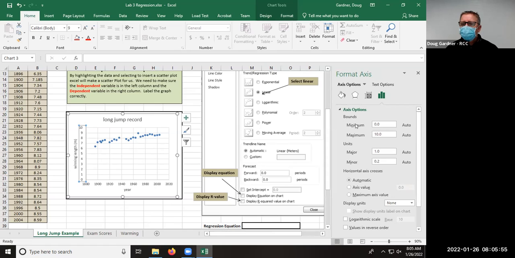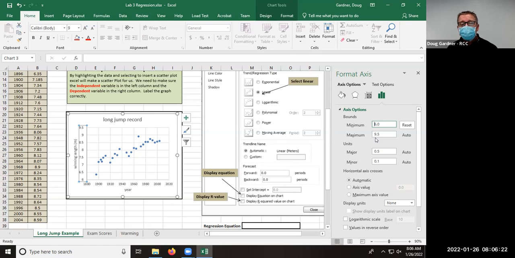Over here it says minimum is 0 and maximum is 10, like it did that for me automatically. But since the first jump was over 6, I could say, well, I'd like the minimum just to start at 6. So I'm going to override that. Notice now my graph paper isn't wasted quite so much. In the real world, I'd say that'd be a significant improvement.